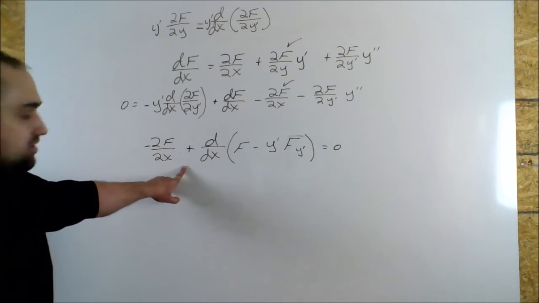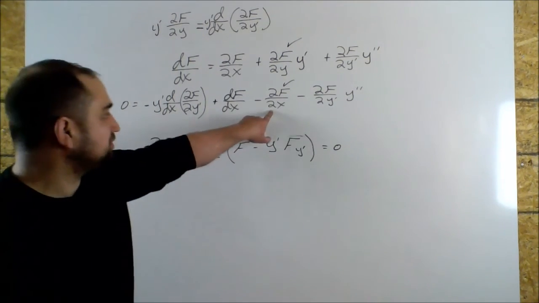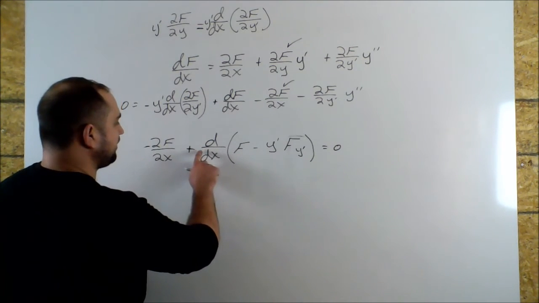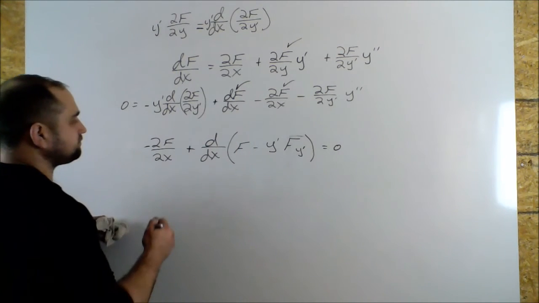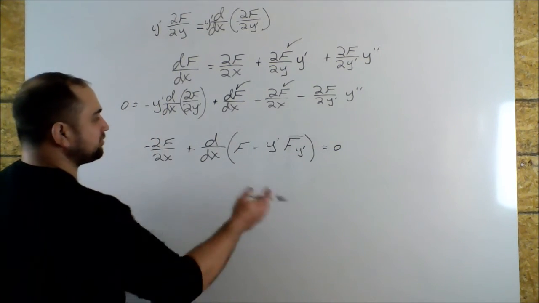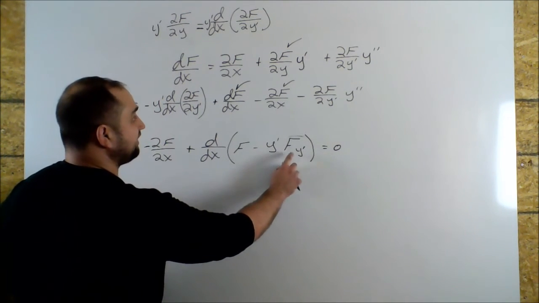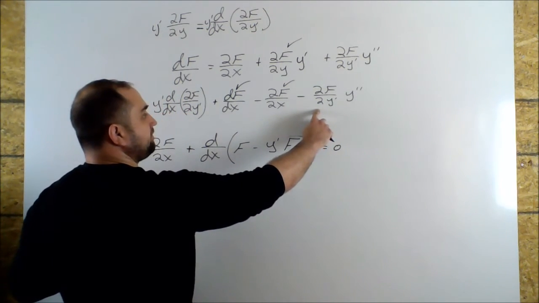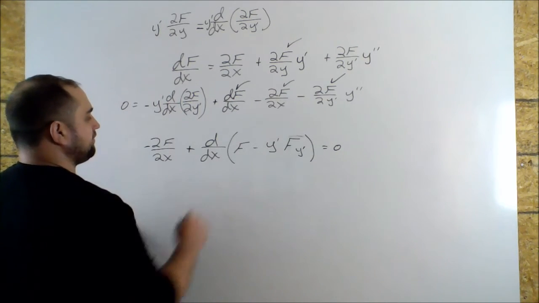Okay, just to make sure that this is correct, I have minus partial f over partial x, which is what we have here. Now I would get d over dx, excuse me, I would get df over dx, which is this term here. And then applying the product rule, I would take y double prime times partial f with respect to y prime, and it would be a minus.